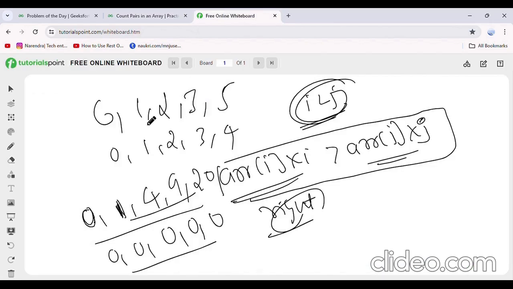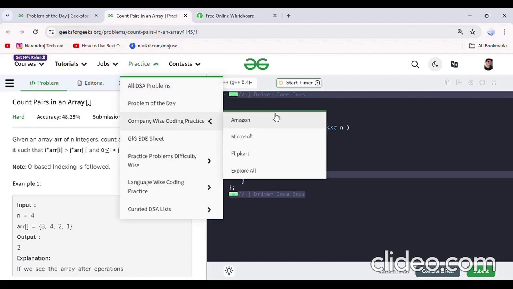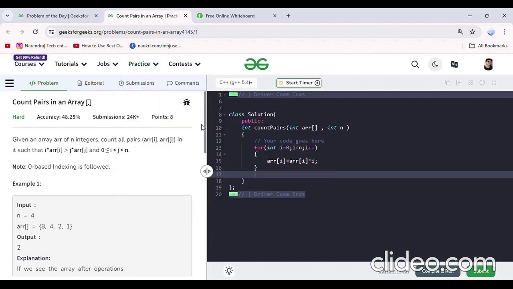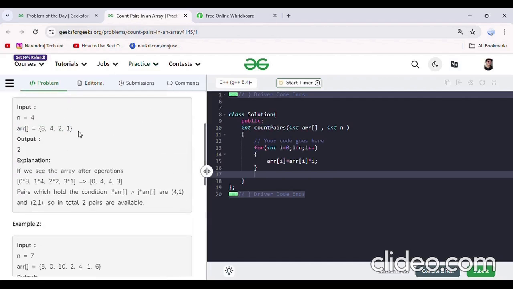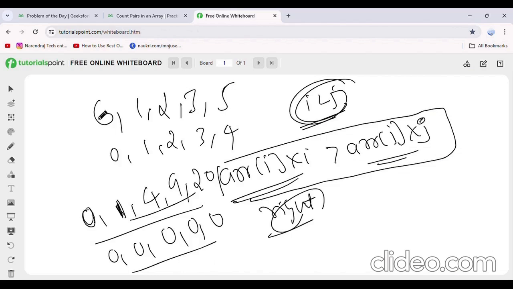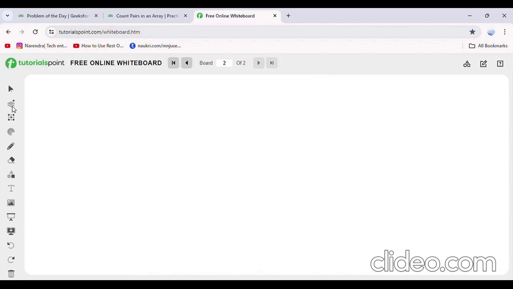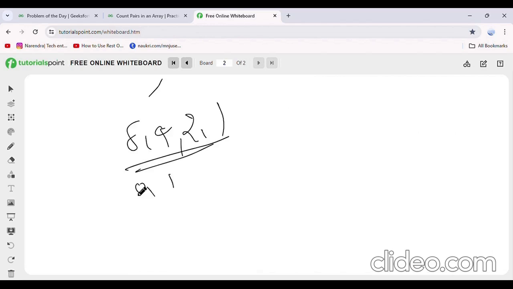Suppose we take this test case, 8 4 2 1. I am taking this test case 8 4 2 1 and multiplying with their indexes 0 1 2 3. So our new array is 0 4 4 3.